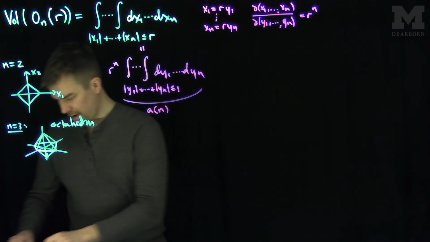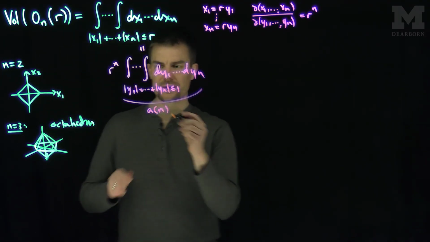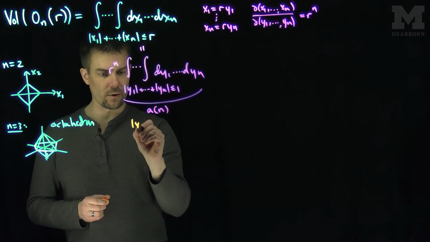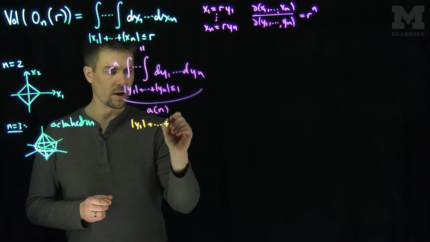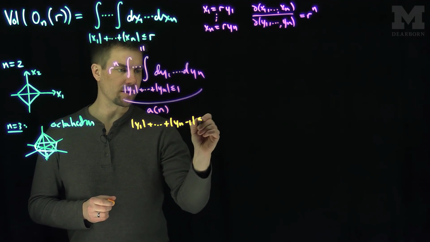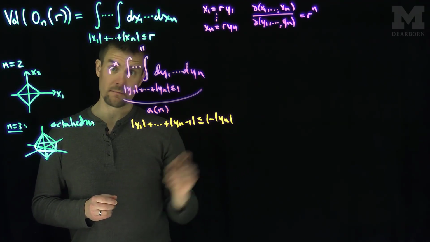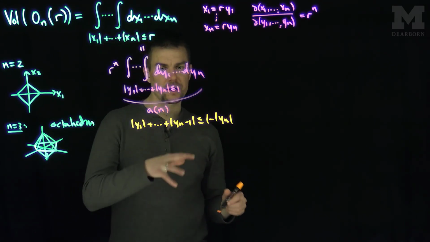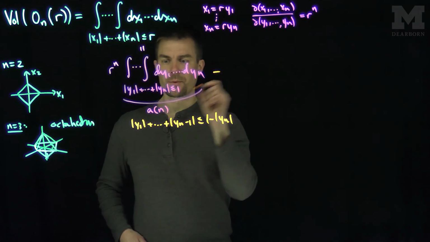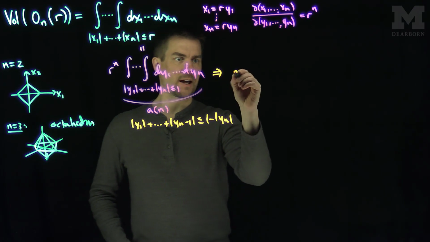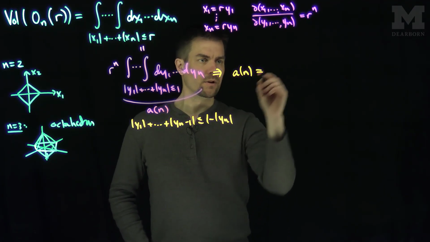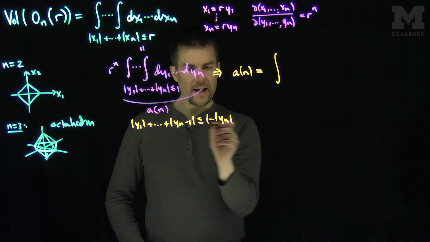So let's find a of n. To do so, what we'll do is we'll notice that this expression is true if and only if absolute value y1 plus ... plus absolute value y n minus 1 is less than or equal to 1 minus absolute value yn. So I'm going to just focus on an. So this implies that an is going to be equal to, now where does yn reside?